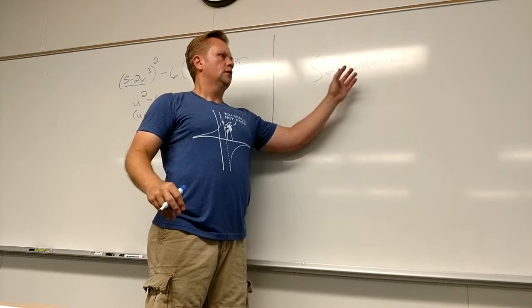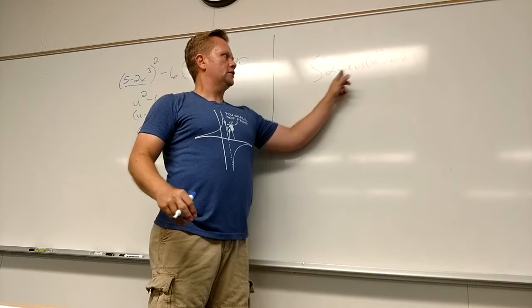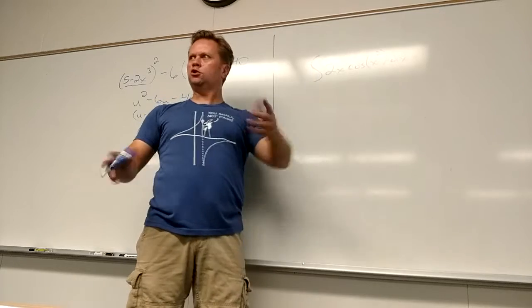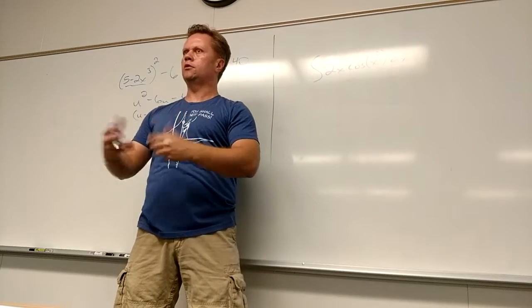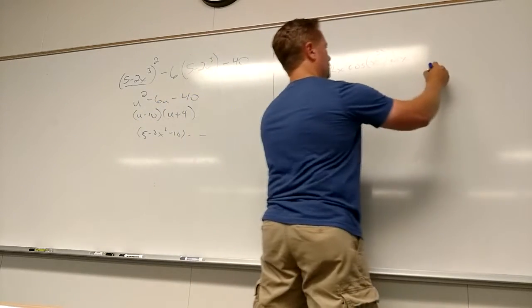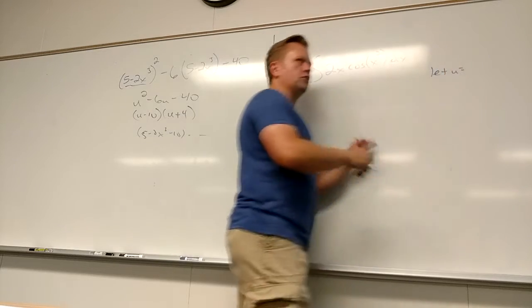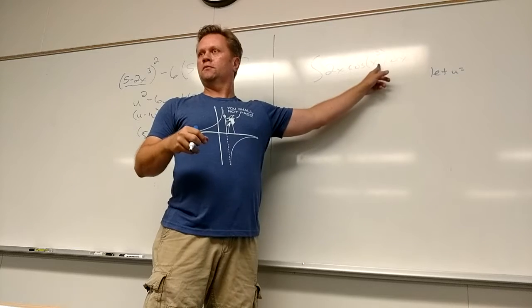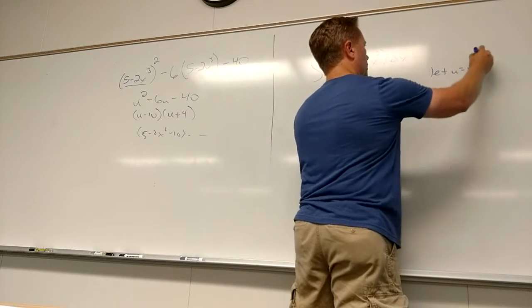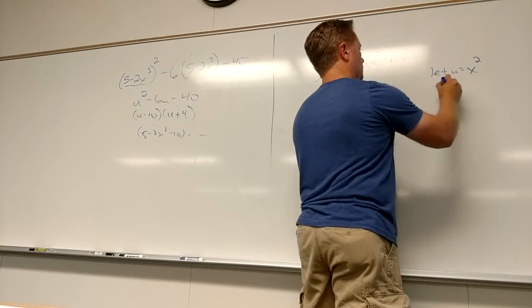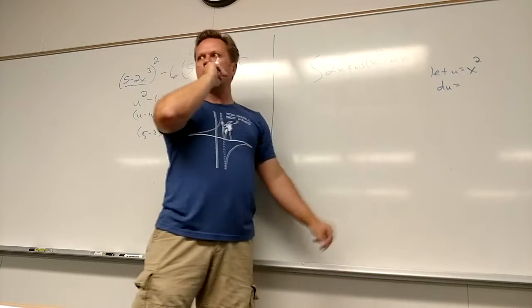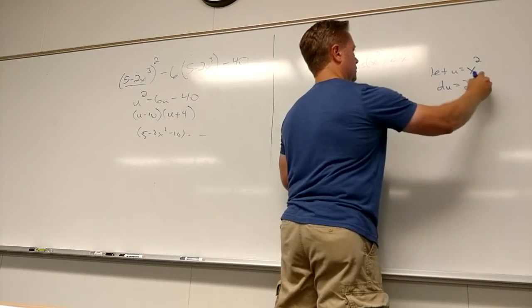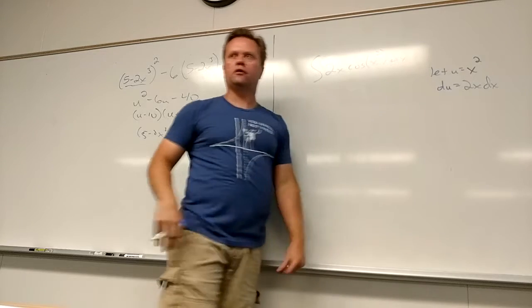Do you see how the chain rule piece is in there? So this should be able to be done if I let u equal the piece that's giving me trouble in the first place, which is the x squared. So let u equal x squared. What's du then? 2x dx. Remember the differentials we did?